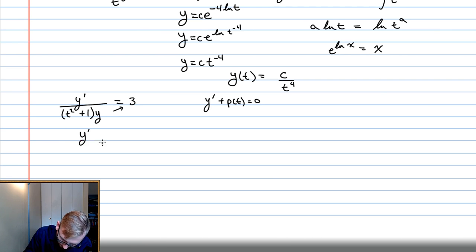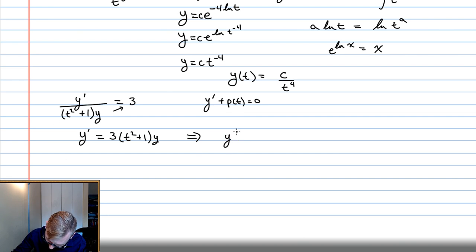We've got y prime equals 3 times t squared plus 1 times y. Now we'll bring it to the other side. We got y prime minus 3 times t squared plus 1 y equals 0. Well, now we've got our form.